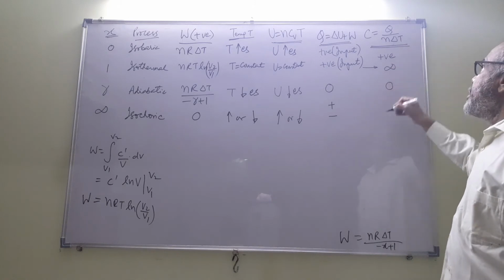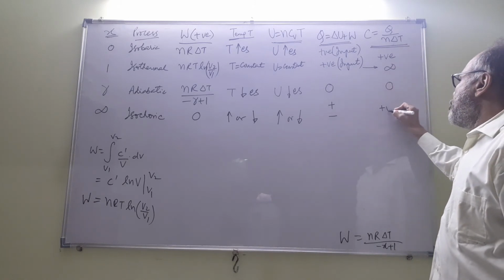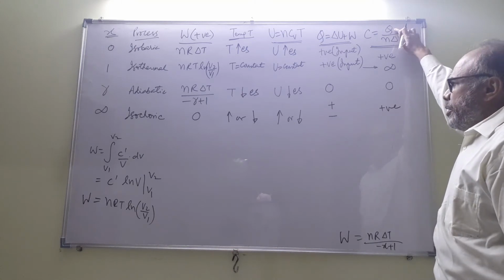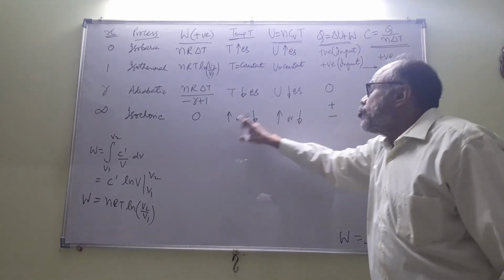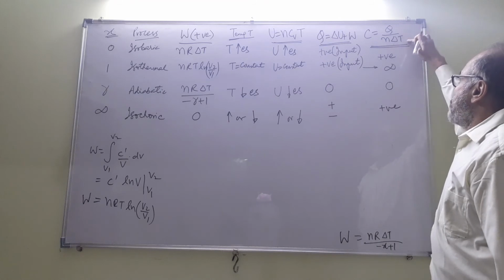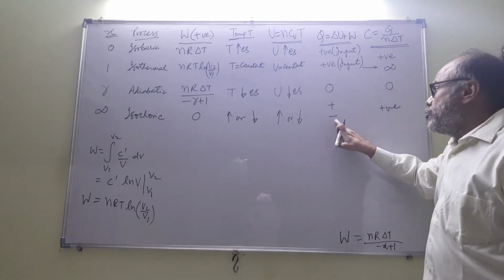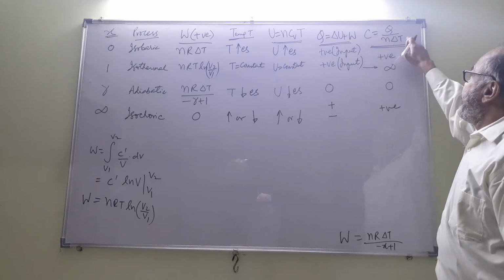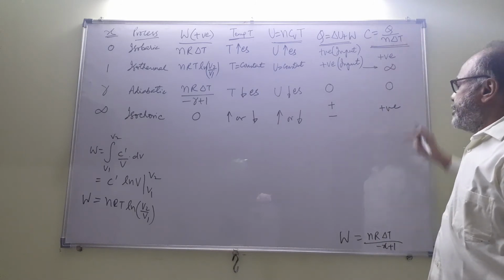The specific heat capacity would be positive because when Q is positive, delta T is also positive. So positive over positive will be positive. When Q is negative, temperature decreases, so delta T is negative, negative over negative. This will be positive.